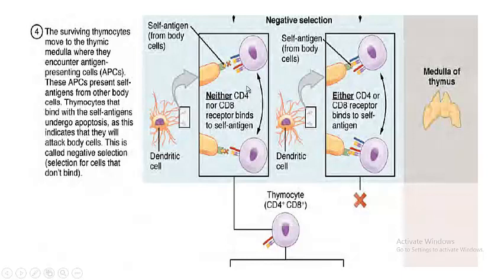These T cells have immature proteins on the surface called CD8 and CD4. These would become positive once the cell is able to recognize self as self.